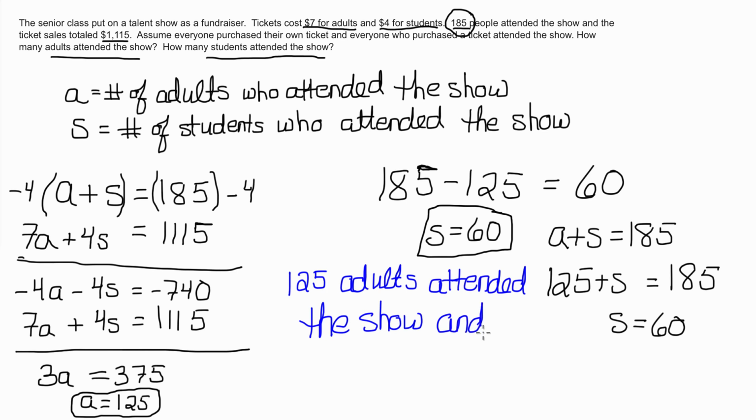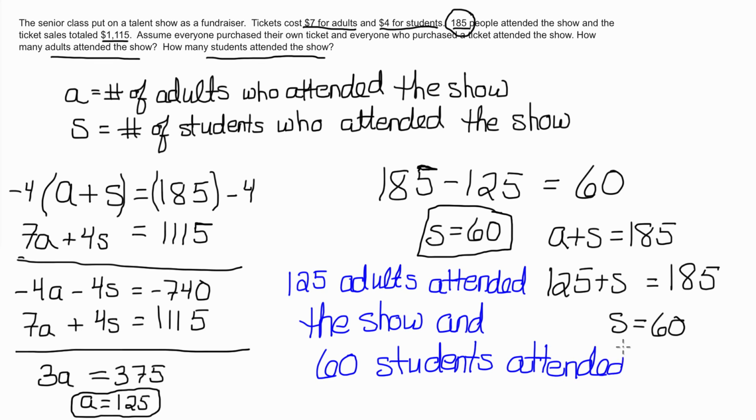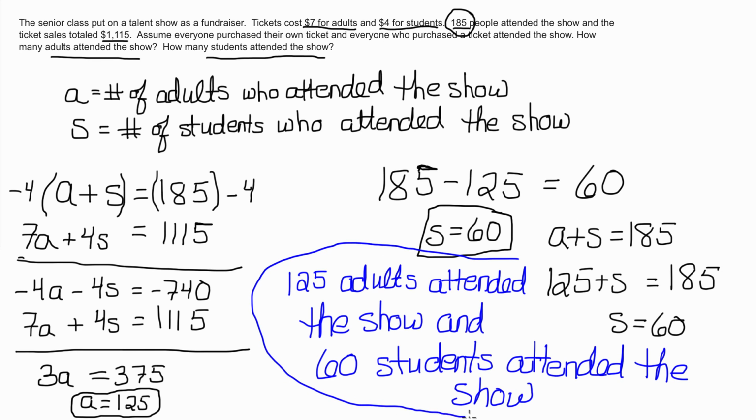And 60 students attended the show. Boom. There's your nice answer, all written out in plain English instead of math. And you have your answer. 125 adults attended the show and 60 students attended the show. Very good.